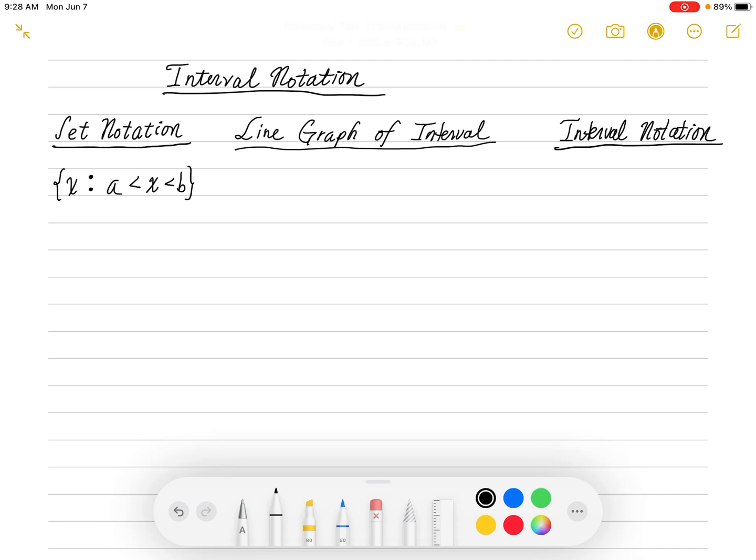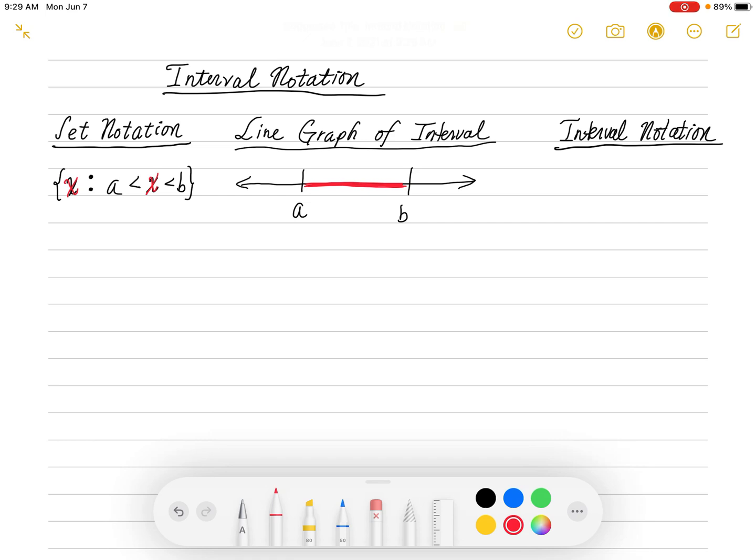If I wanted to graph this on a number line, I would take my two key numbers a and b. And imagine you have this dude called x. We don't know where x is. He's varying. He's in between a and b. So x is somewhere in here within this range of values.